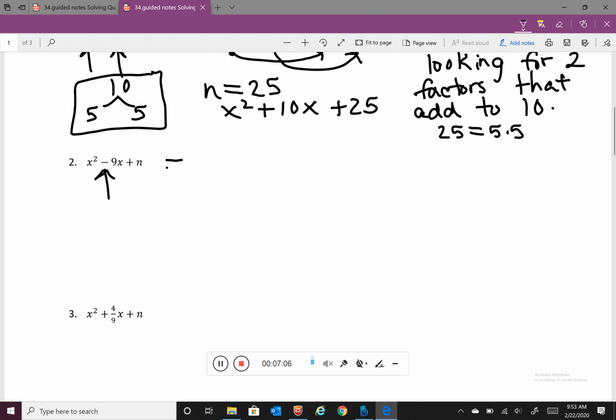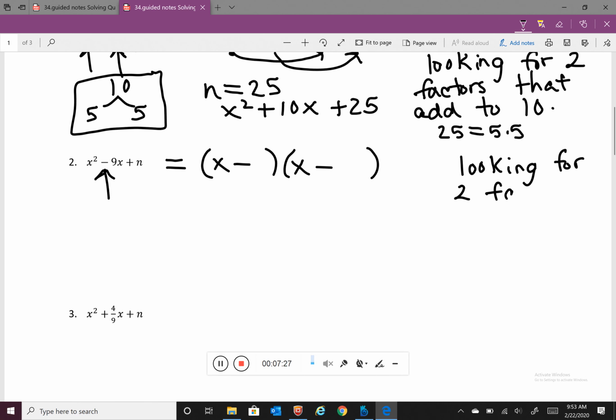Okay, so we're going to get started with beginning to factor this. Because this is minus 9x but plus n, this is going to factor as x minus and x minus. So again, we're looking for two factors that add to negative 9.